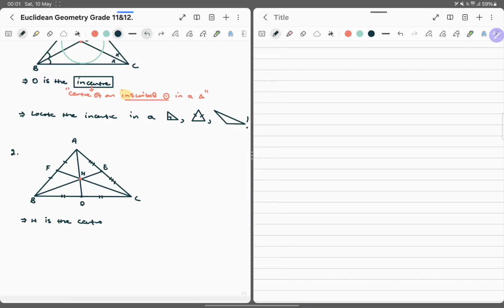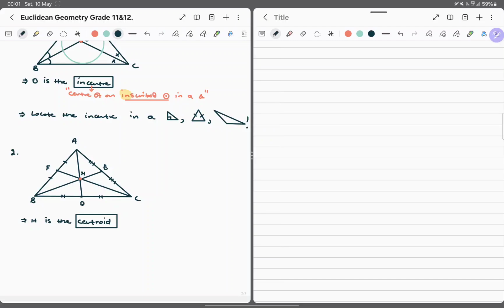Okay, maybe let's write this properly. Is the centroid. All right, so very important. This is the centroid of that triangle.